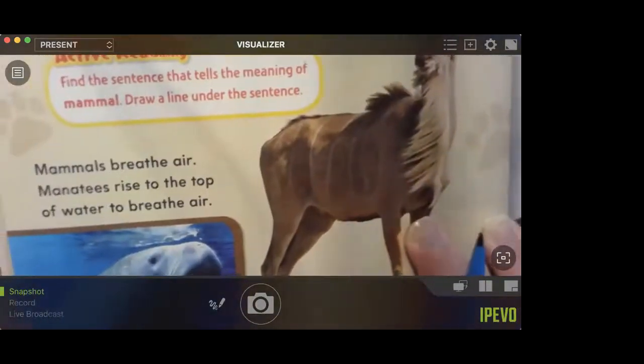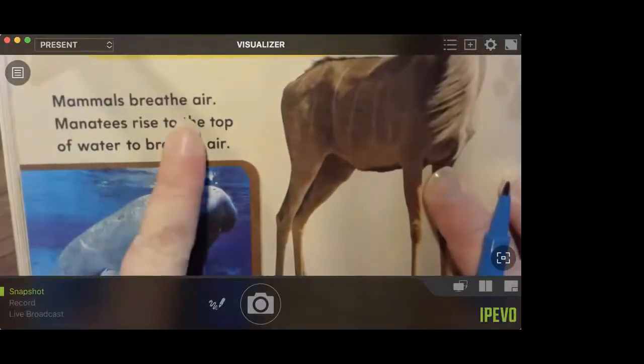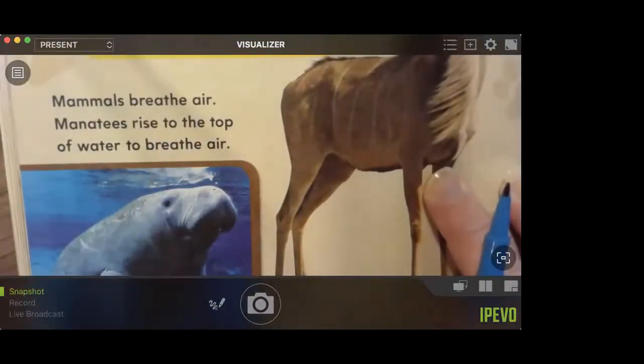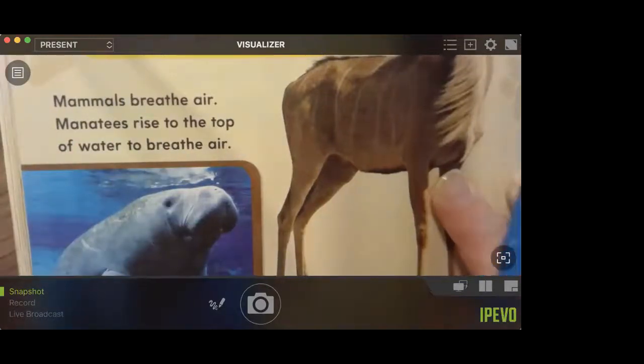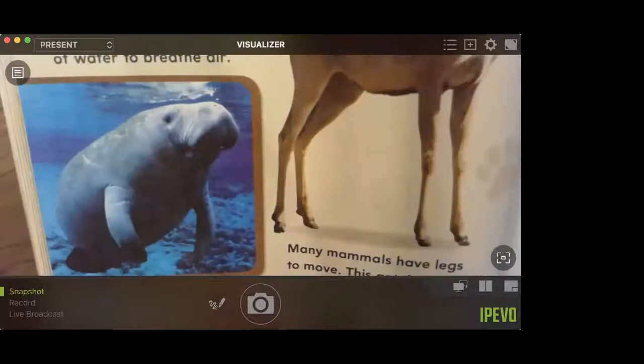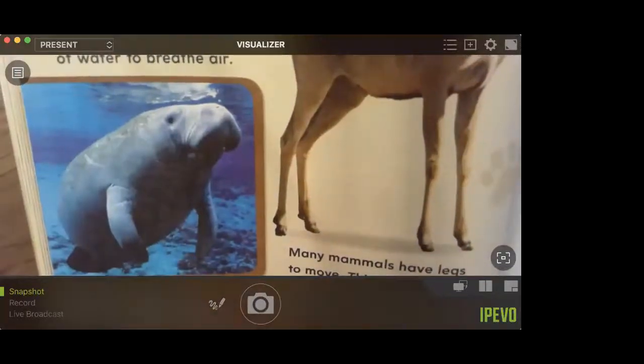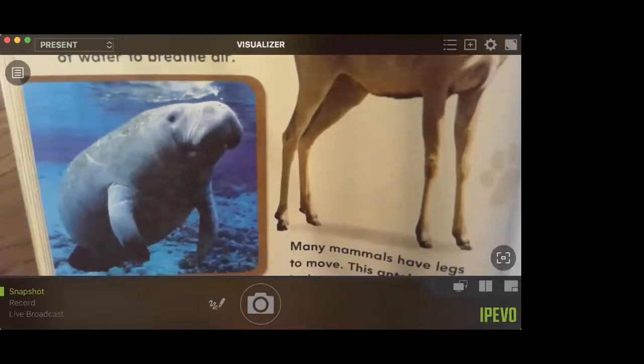All right, here's another fact about mammals. Mammals breathe air, so we have to use our lungs. We breathe air. Manatees rise to the top of water to breathe air. So manatees are mammals. Even though they live in water, they still need to come up and get air, just like a dolphin. Okay, a dolphin needs to come to the top to get air because they're not really a fish.